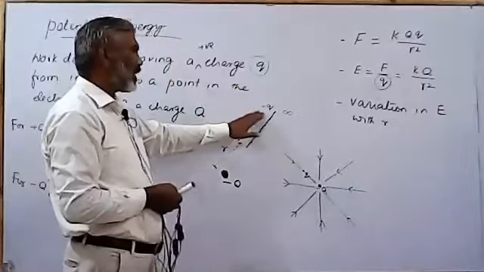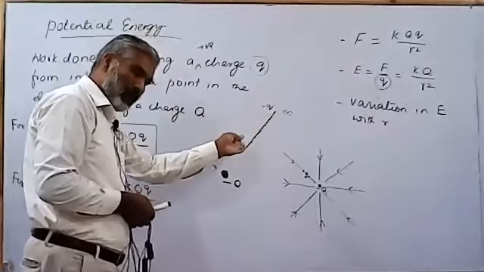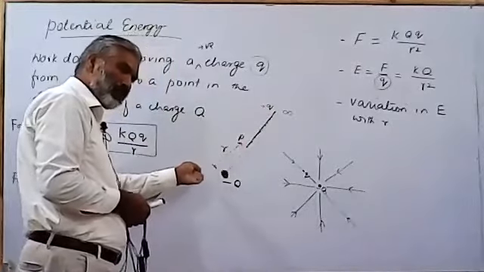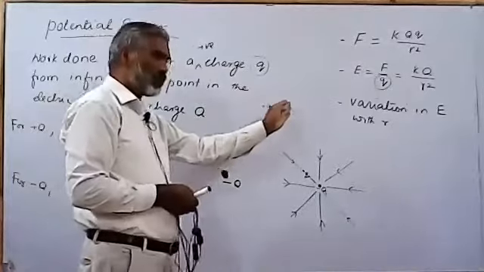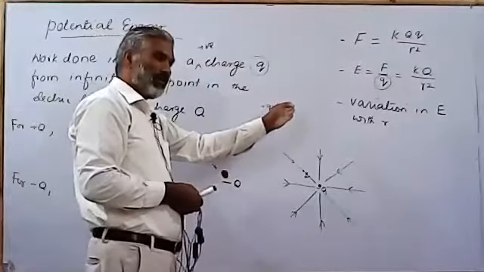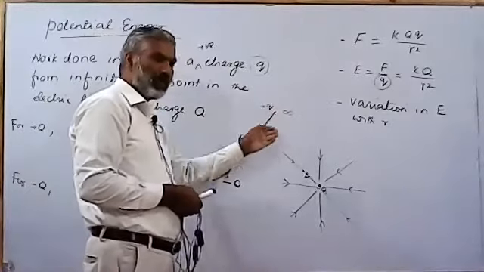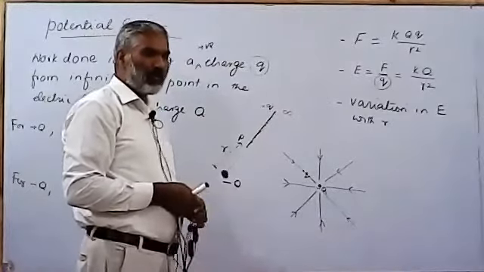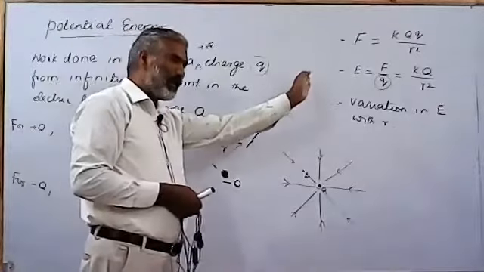So you do not allow it to accelerate, you only hold it and allow it to move from infinity to a certain point by applying a force in the direction away from the charge, allowing the object to move from a certain distance from infinity to a point P. So that means displacement is in this direction and force is in that direction.